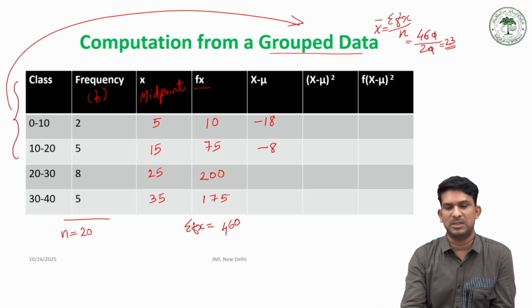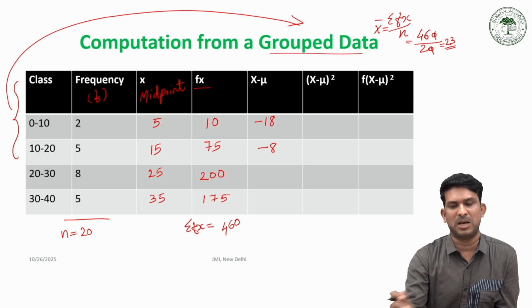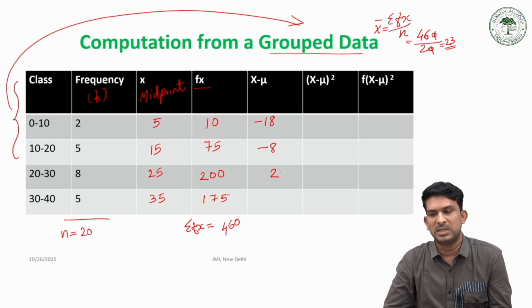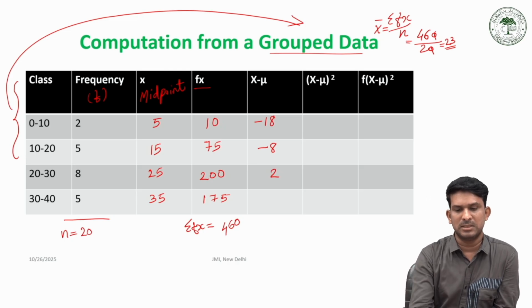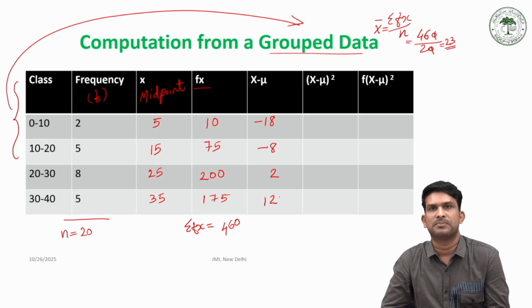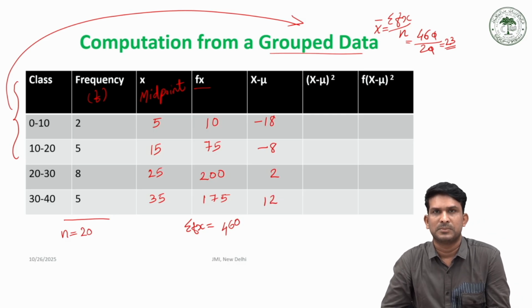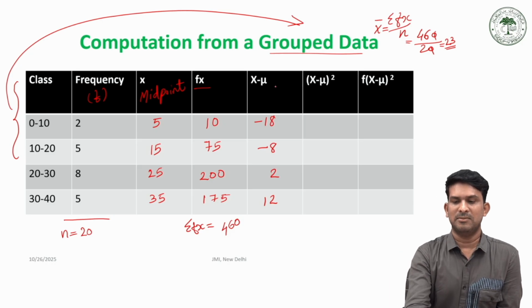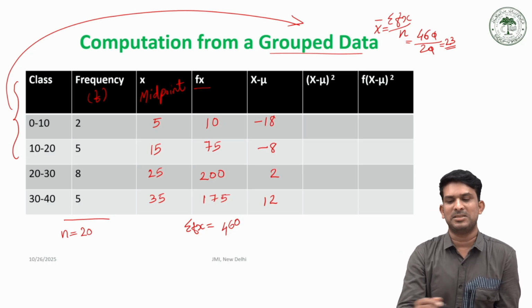This is x, this is x bar 23. 25 minus 23 is 2. What is next? 35 minus 23. It is 12. Got it? So see what we have done? X minus x bar.